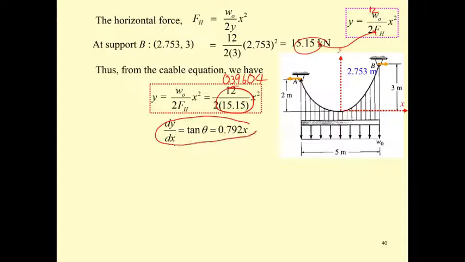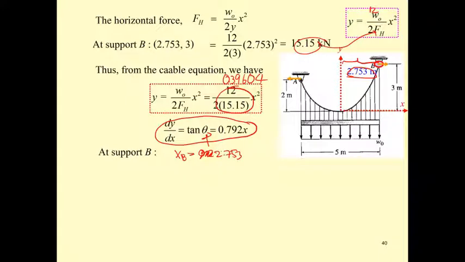So this is used to determine the angle of the cable with respect to the horizontal line, at point B. At B, we have the x of 2.753. So x at B equal to 2.753.